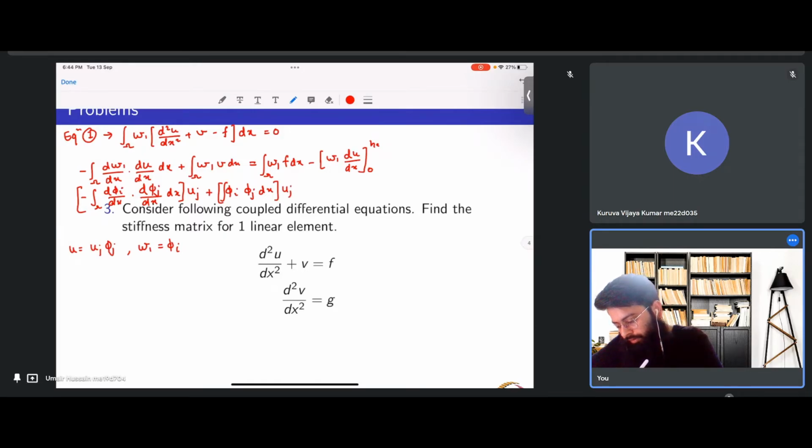And we can just write this as phi i times f times dx minus k, and write this phi i.